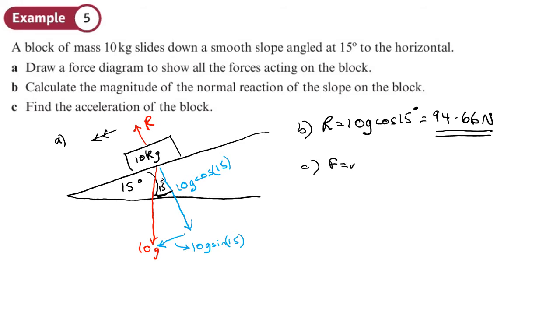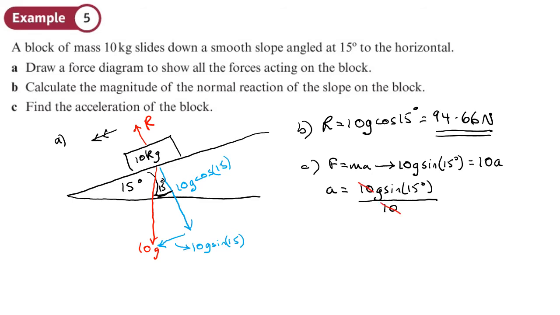So we now have, using F equals ma, the resultant force, or the only force, is 10g sine 15 equals ma. Now the mass is 10, so 10a, so that means that a equals 10g sine 15 over 10. Well, let's cancel out the 10 straight away.